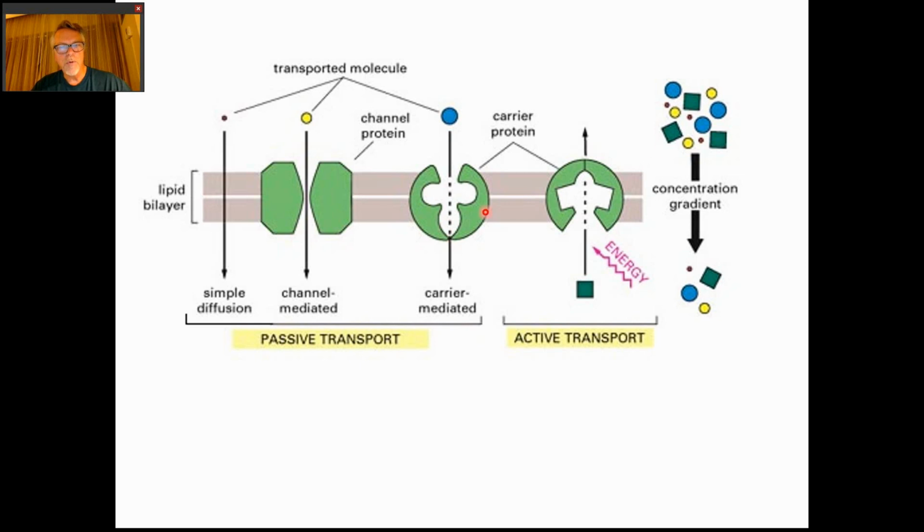There's also a carrier protein for the blue circles. Still, more blue circles outside than inside, so to get the blue dot into the cell, it's free, it's passive transport, but you need this protein to help it get across. And then our final example is the green square. There are more green squares outside than inside, but if we need to get that green square out, we'll have to use some energy and pump it out using active transport and expending energy. Good? Good.